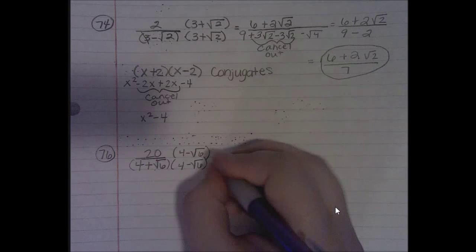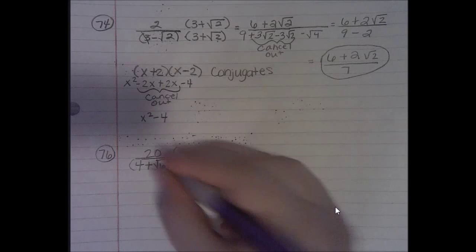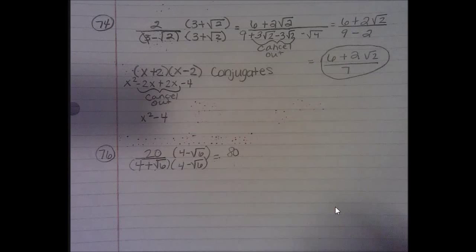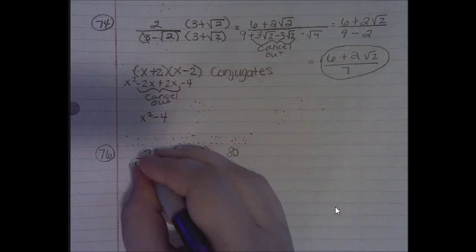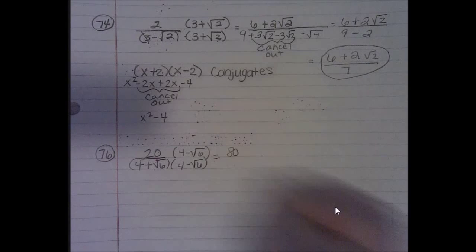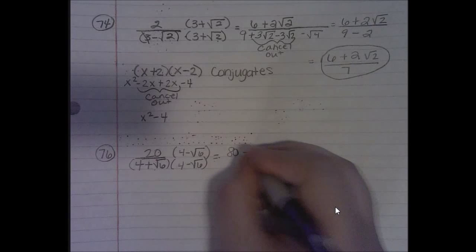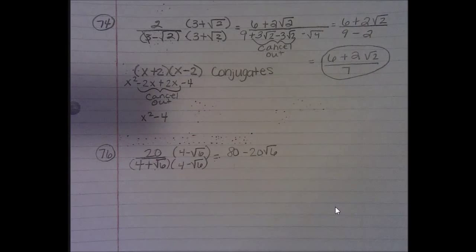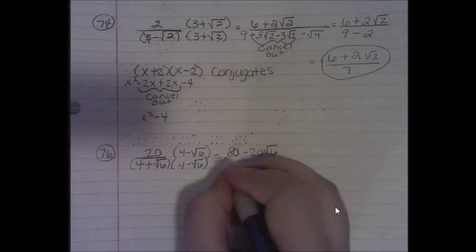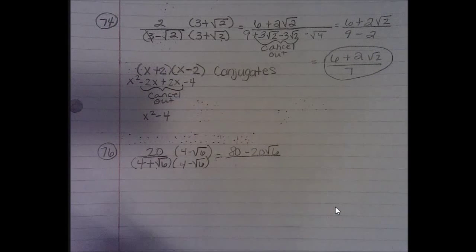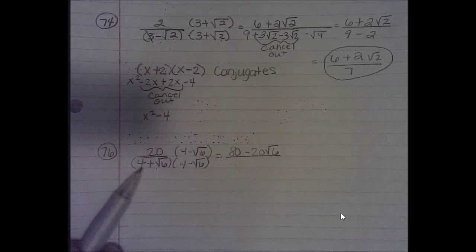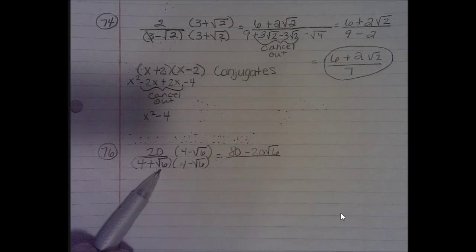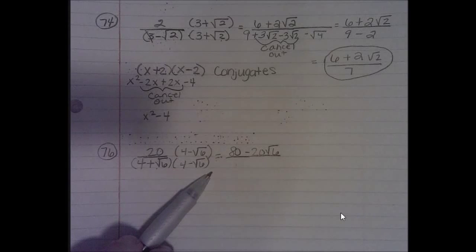What I do to the denominator, I have to do to that numerator. So that will give me 20 times 4 is 80. 20 times negative square root of 6 is negative 20 square root of 6 over. Now I'm going to multiply my 4 times everything in this parentheses and my square root of 6 times everything in this parentheses.